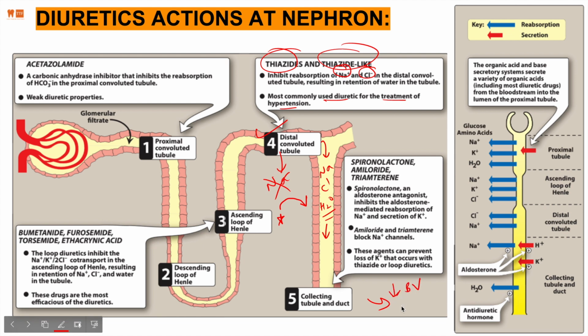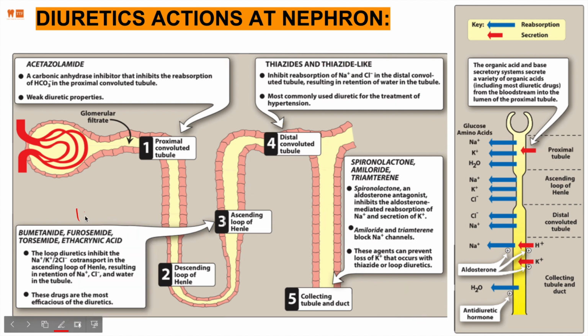That leads to decreasing cardiac output and works as an antihypertensive. Okay, is that mechanism fair? We'll discuss it in detail ahead. So therefore, it's the most commonly used diuretic for treatment of hypertension because it directly affects sodium and chloride.